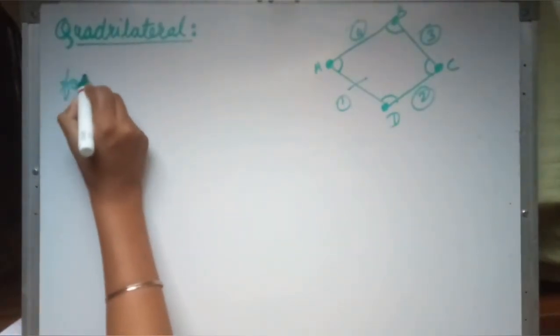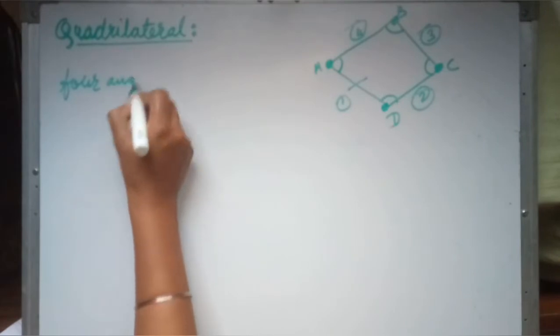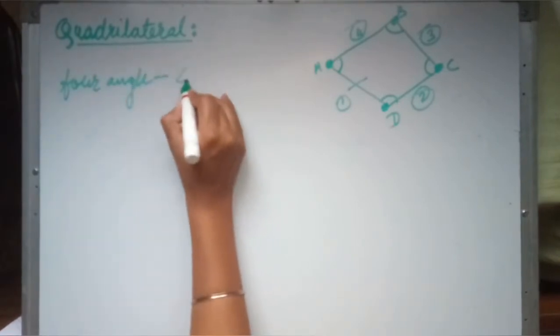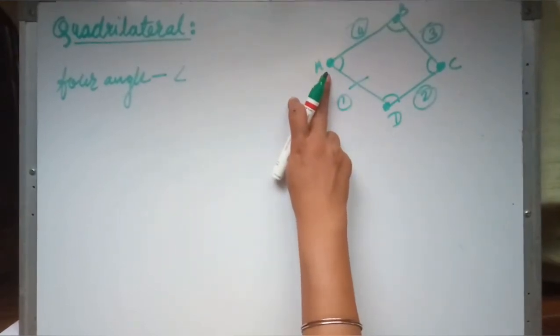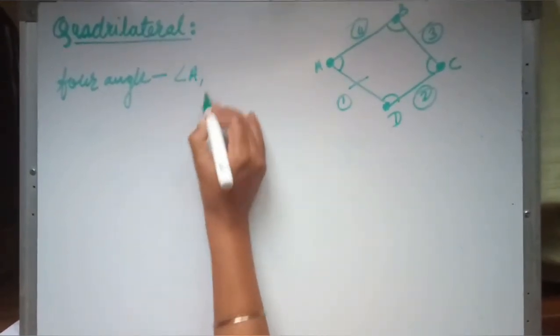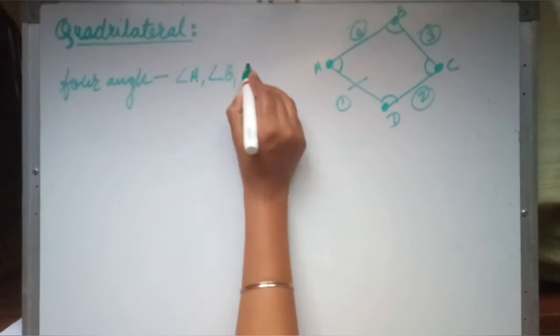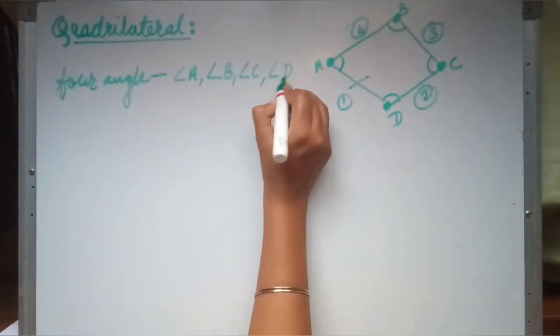You can write the angles in single form also: angle A, angle B, angle C, angle D.